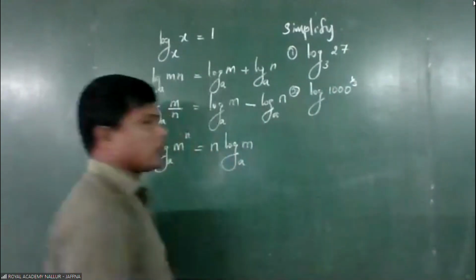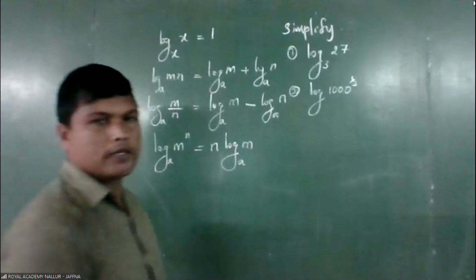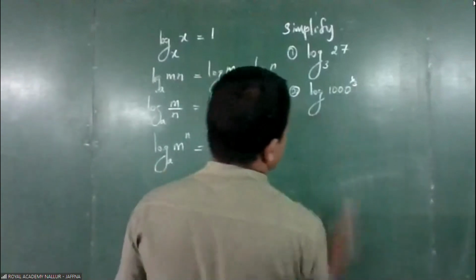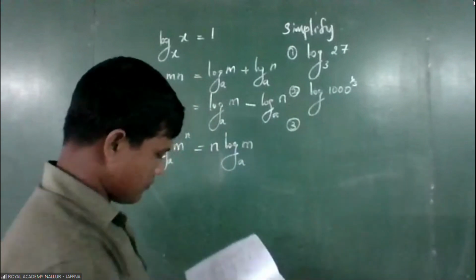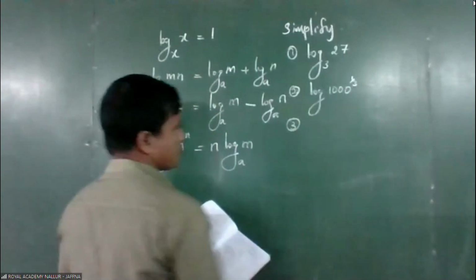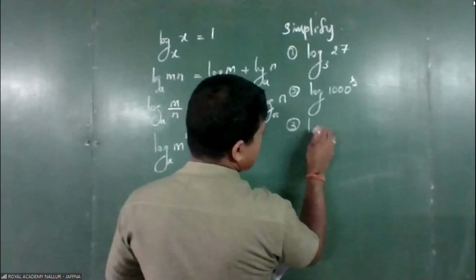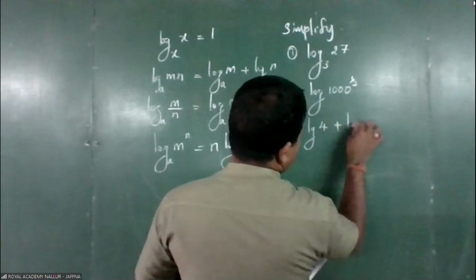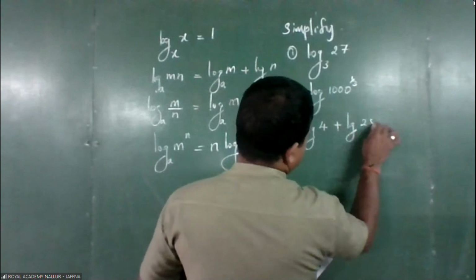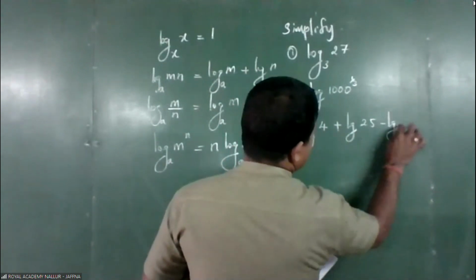We call this cubic root, but in index form, that is 1000 to the power 1/3, index 1/3. Number 3: log 4 plus log 25 minus log 10.